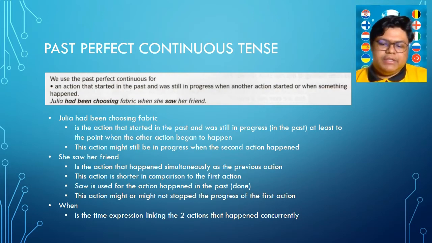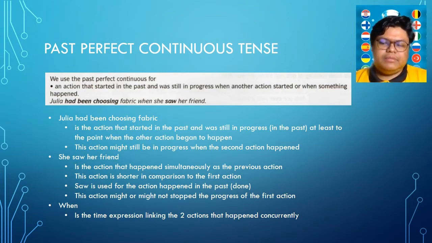Okay, this action might or might not stop the progress of the first action. So action kedua tu mungkin menghentikan action pertama ataupun tidak. Mungkin dia berlaku kat tengah-tengah, mungkin lepas Julia saw her friend, she was still choosing her fabric, depending on how you want to continue the sentence. Okay, macam mana awak nak sambung ayat awak. So kalau awak kata when she saw her friend, she stopped choosing her fabric, so maksudnya action tu stop lah.